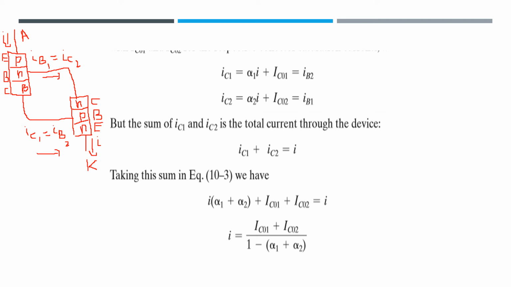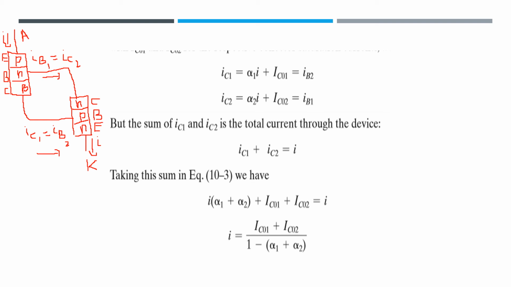So this is the current I which is flowing from the anode and going toward the cathode. And then comes our IC01, which is the collector current of our transistor number 1, which is equal to the base current of transistor number 2.